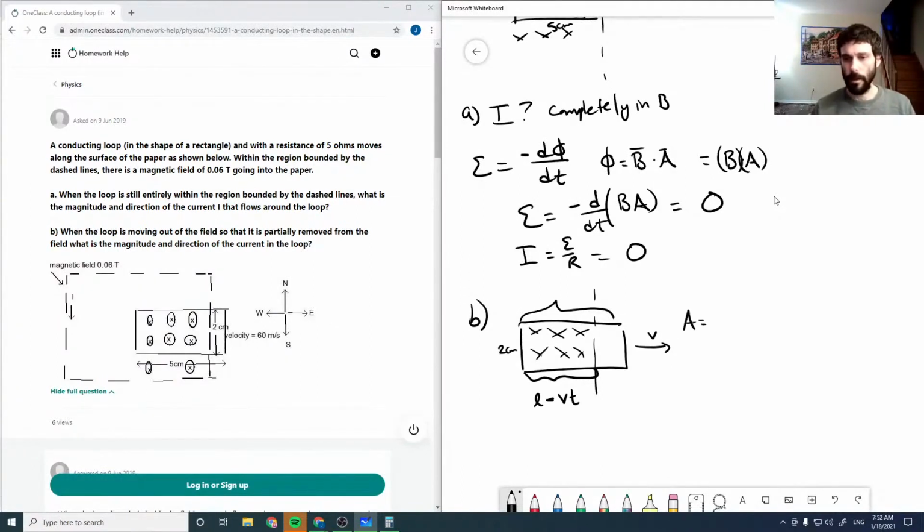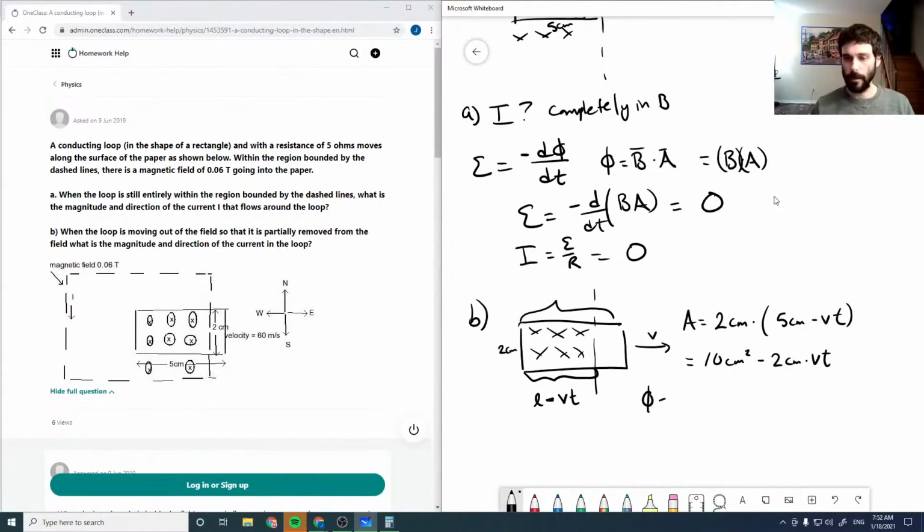So then our area is 2 centimeters times our 5 centimeters minus our velocity times time, which is equal to 10 centimeters squared minus 2 centimeters times velocity times time.